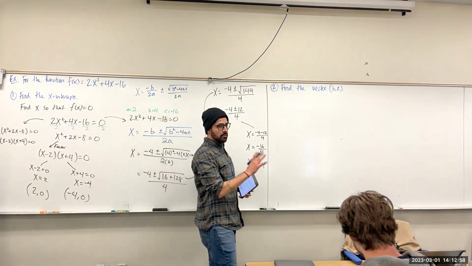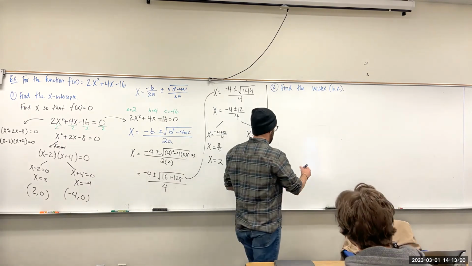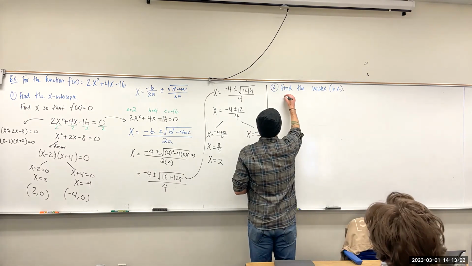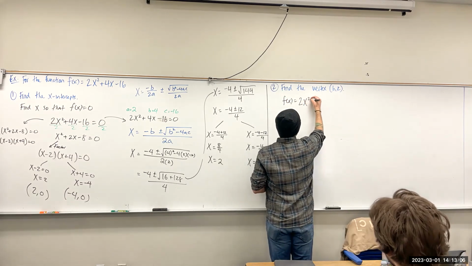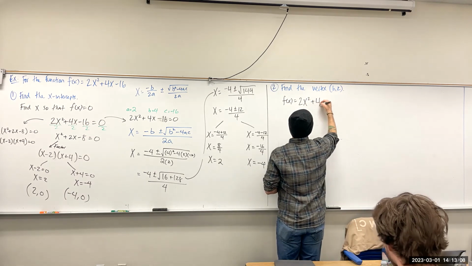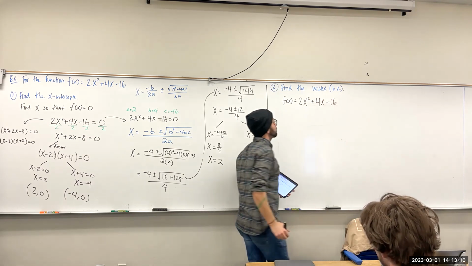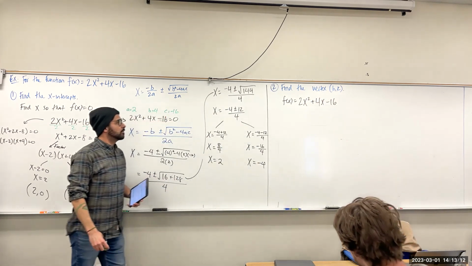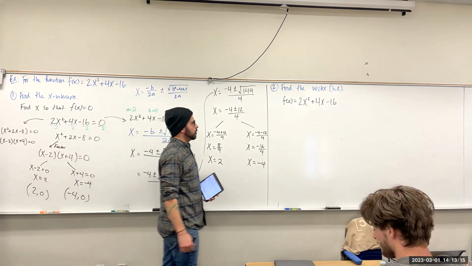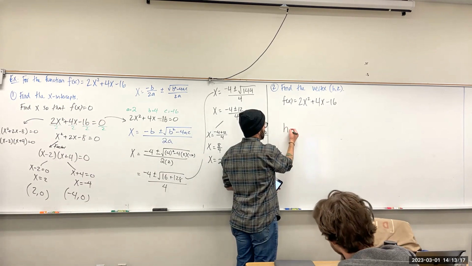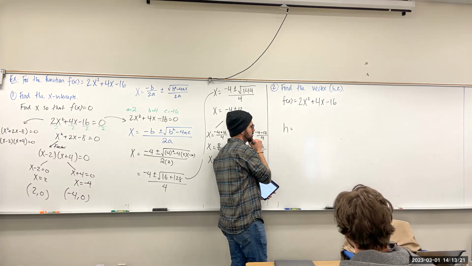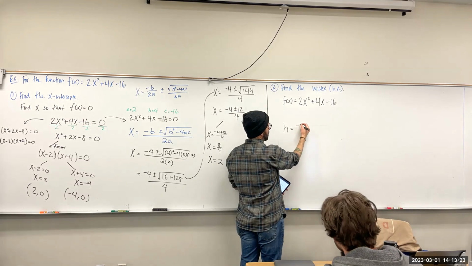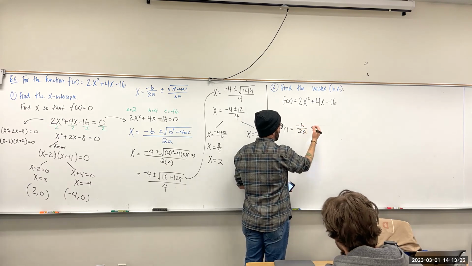When you're given a quadratic in standard form, we were able to find h through a little formula, which I was calling the vertex formula. What was it? Negative b over 2a, exactly.